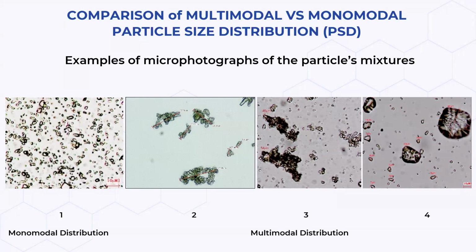To address a multimodal particle size distribution, the first step is to examine the suspension under a microscope. This allows you to visually identify the nature of the issue, whether it's caused by reagglomeration, poor predispersion, or uneven milling. Once the cause is identified, you can take specific actions to address it.